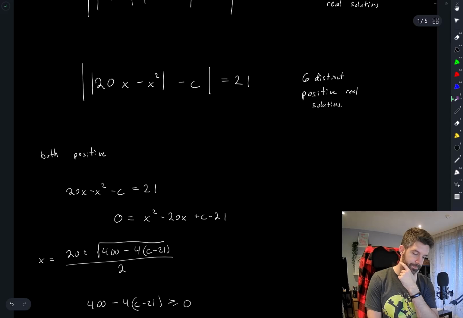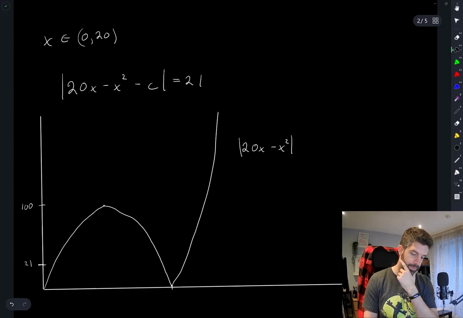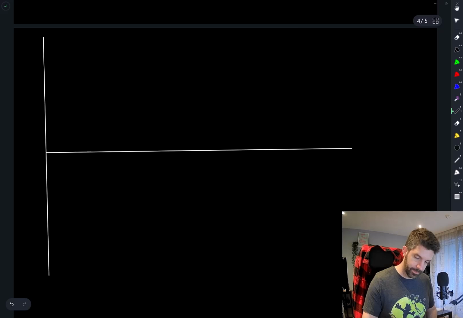And now let's consider the graph of this whole thing as it depends on c. I'm just going to go through these steps again, see if I catch any mistakes or something like that. I think it's a kind of a cool problem, though it's not clear what the best approach is to take here. So that's 20.